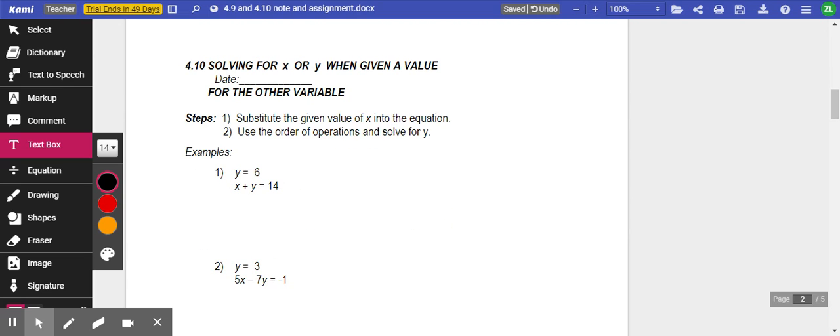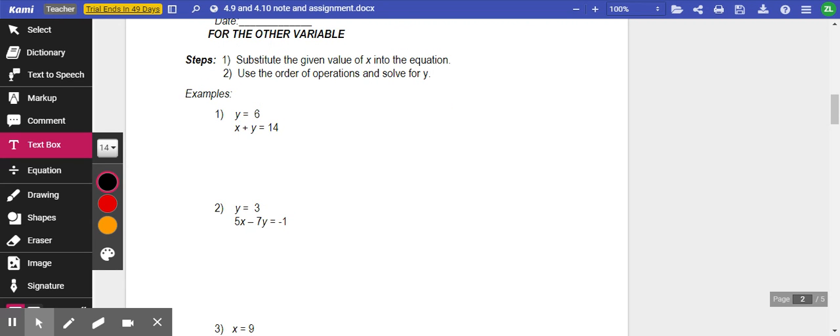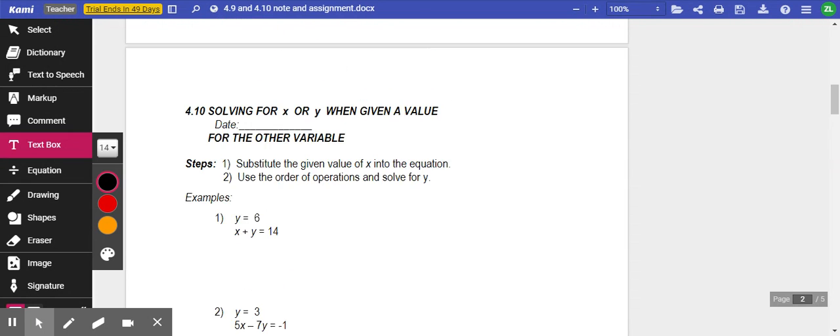Moving on to 4.10. All right. So right now, it says solving for x or y when given a value. So all we're doing is substituting the given value of x into the following and using the order of operations to solve for y.